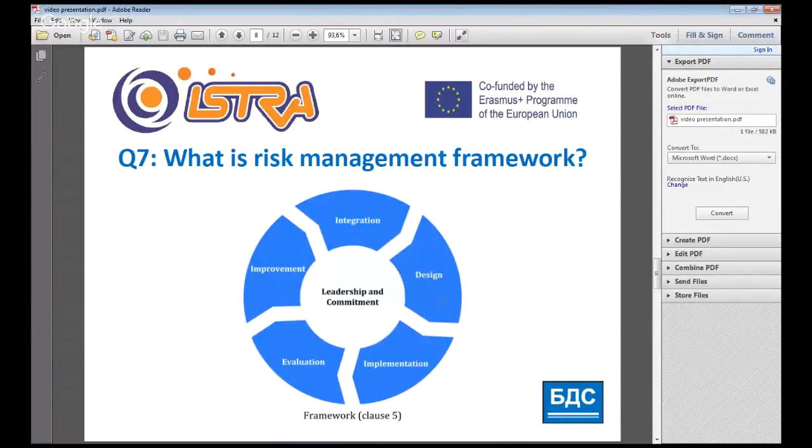Implementation. Implementing the risk management framework.